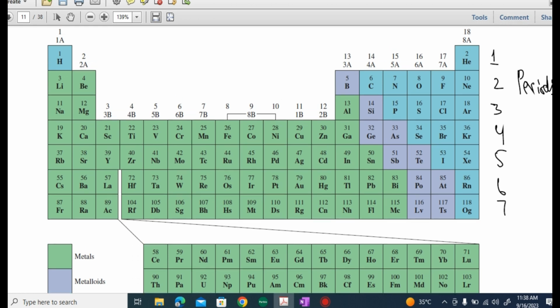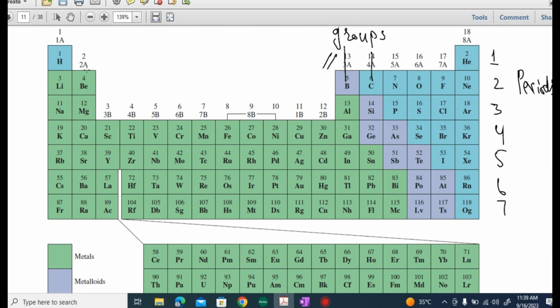Furthermore, they are also numbered 1, 2 starting and ending at 18. Starting from 13, 3A, 14, 4A, they are the same. So remember, these are called groups, or sometimes families.